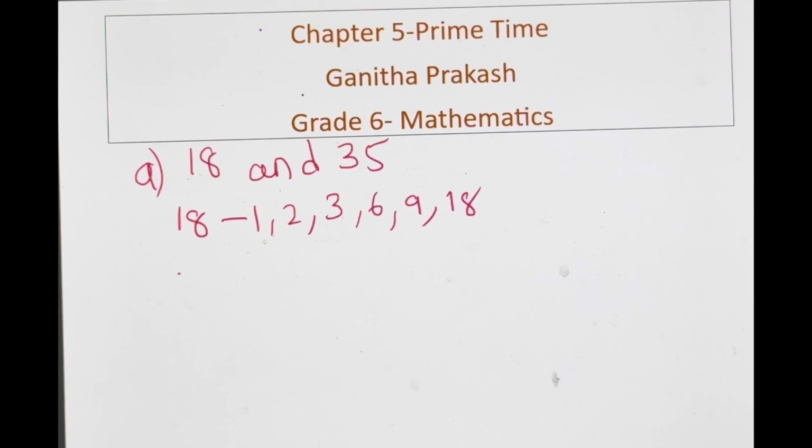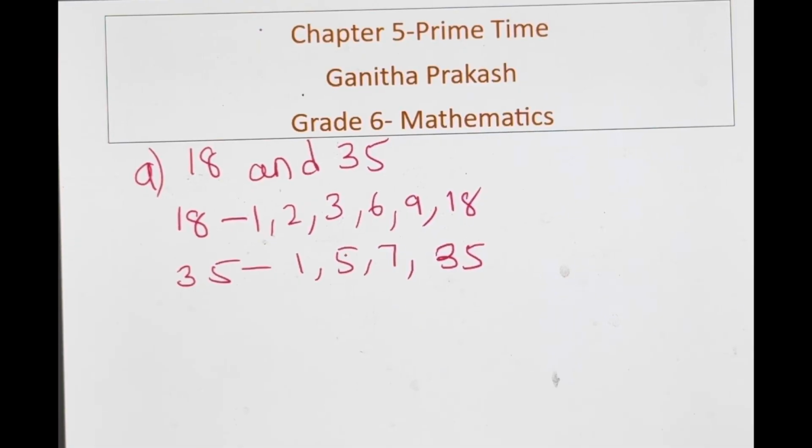And the factors of 35 are 1, 5, 5 sevens are 35. It does not come in the table of 2, 3. Always write the factor pairs: 1 into 35, 2 it doesn't come, 3 it doesn't come, 4 it doesn't come, 5 sevens are 35. If you make pairs, then you will get all the factors. Otherwise, you may be wrong.